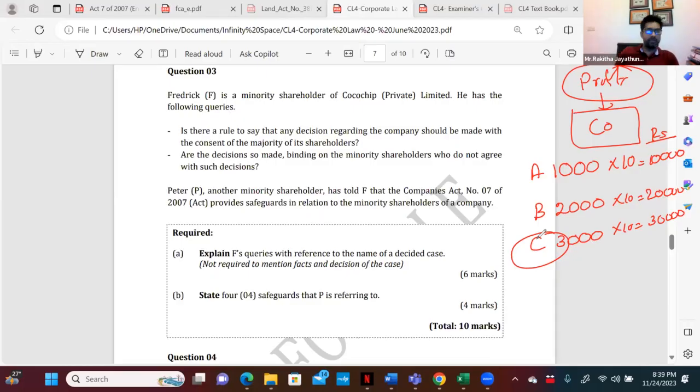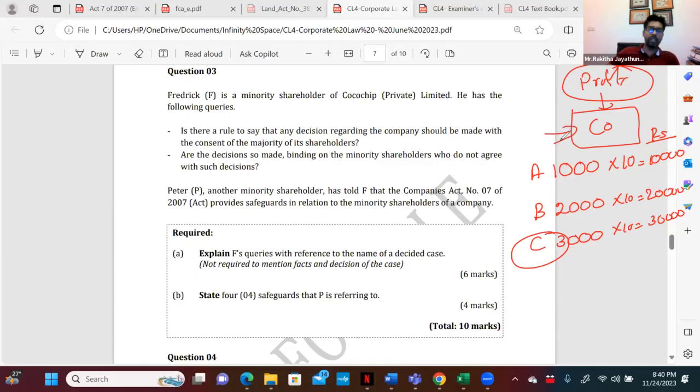Whose risk is higher? If I have invested more, my risk is high compared to the other shareholders who have invested a lesser sum. I have invested 30,000, therefore my risk is high.